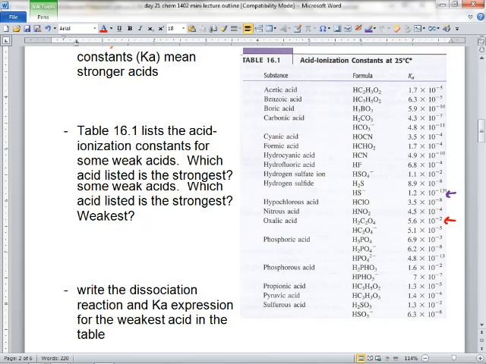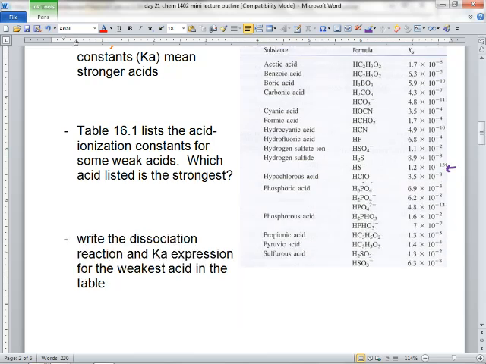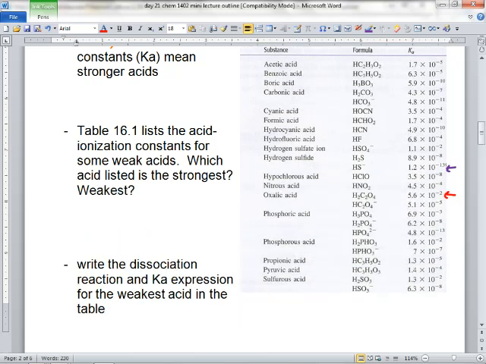So let's write the reaction for the weakest acid listed. And Jessica pointed me out, right? HS minus. So Mariella, how would you write the dissociation reaction, or they call it the acid ionization reaction, for the weak acid HS minus? How would you write that reaction?